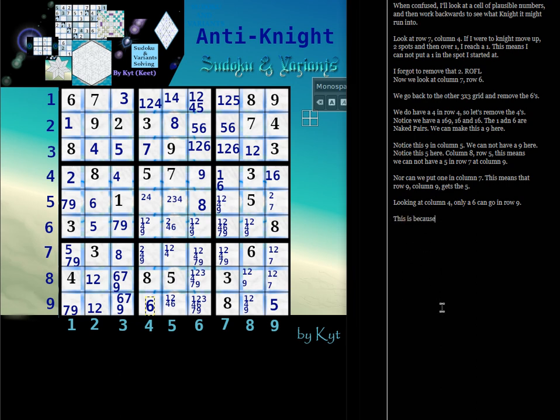This is because the 6 was already ruled out above in column 4.